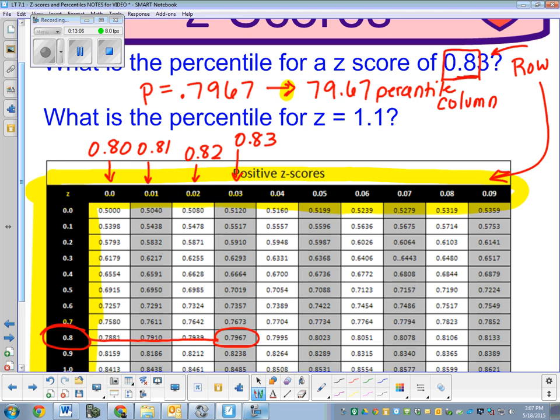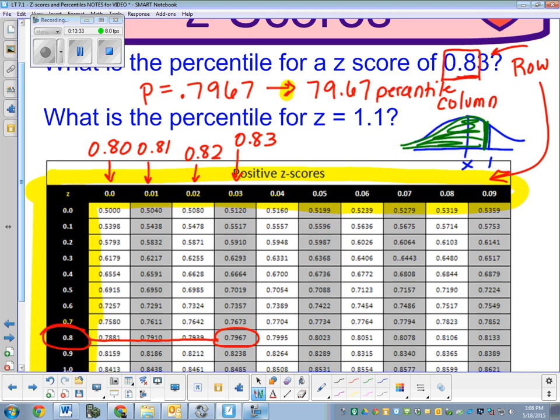If I was looking at a normal distribution, it would be the part of the curve shaded, if that's 1, 0.83 would be here. It would be this part of my curve. That would be about 79.67%. Percentiles from the table are always below your z-score.